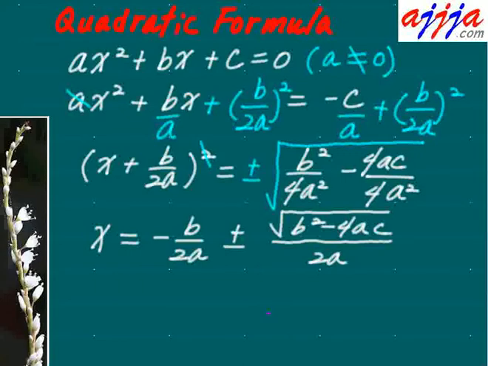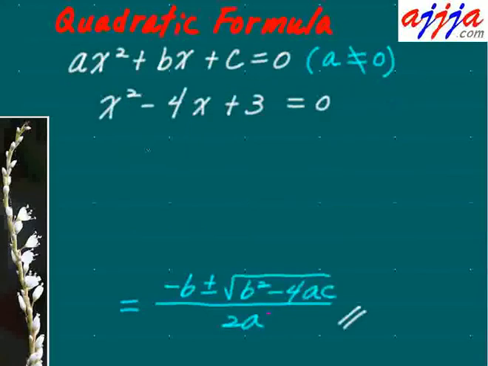Now all we have to do is make it look good. Equals, we put a long fraction sign, then 2a, then on top, negative b, plus minus square root of b squared minus 4ac. This is a wonderful, wonderful tool to remember.